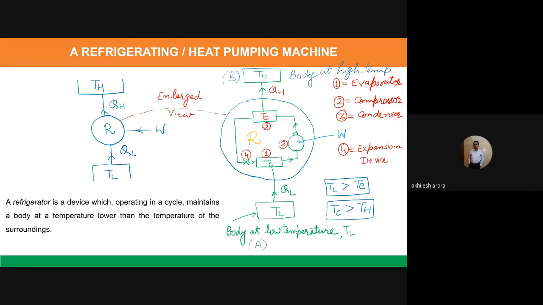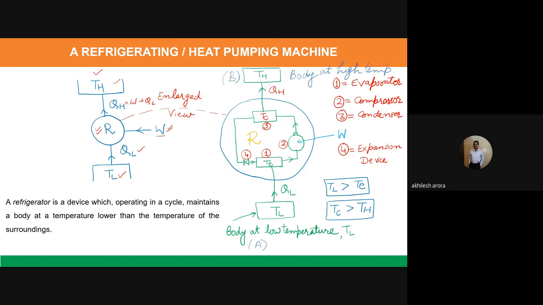Now, a refrigerating machine or a heat pumping machine. Here we have the high temperature reservoir, the low temperature reservoir, and the refrigerator, and there is work input W into the refrigerator. Because of this work input W, the heat QL is transferred to the high temperature, and the heat entering the high temperature reservoir is QH, which is equal to W plus QL.